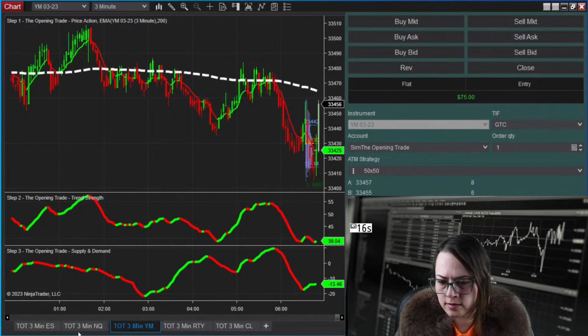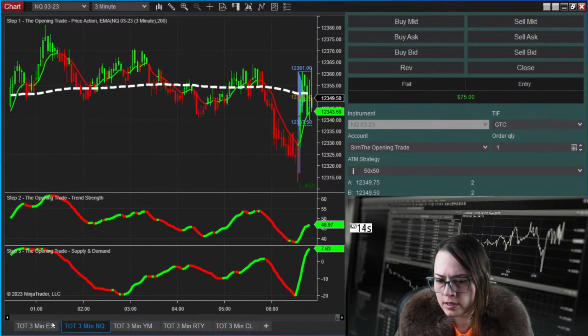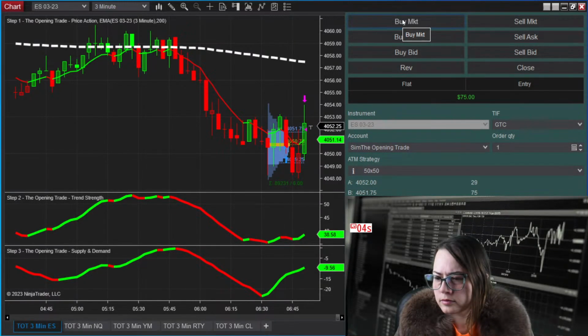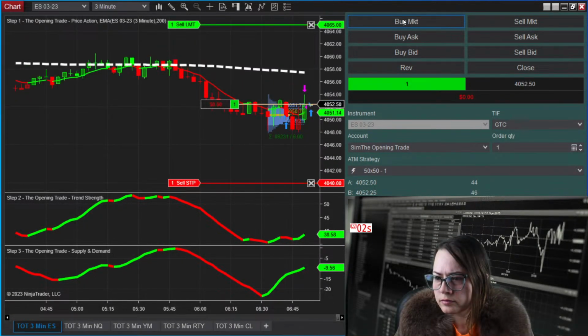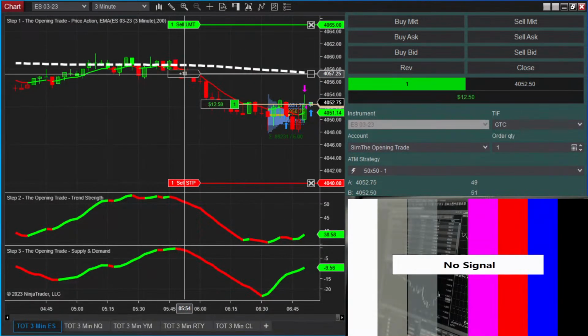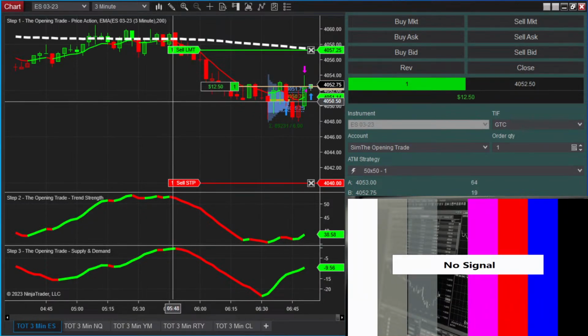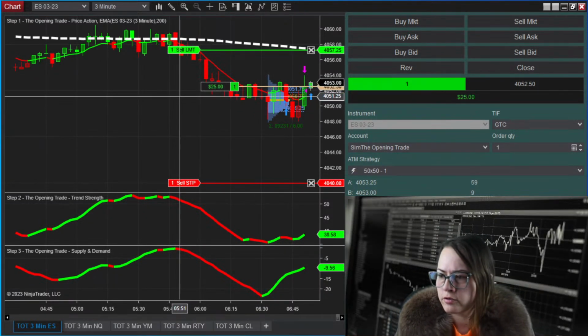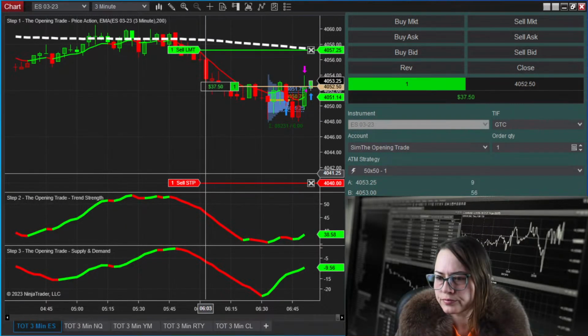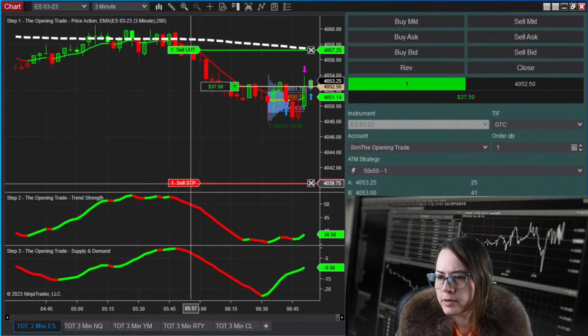Here's the YM and Q. Order filled. All right, so let's go right back into another trade here. Okay, so I'm back in a trade again on the S&P 500. Again, this is a manual trade, so I'm going to keep my eye on it.